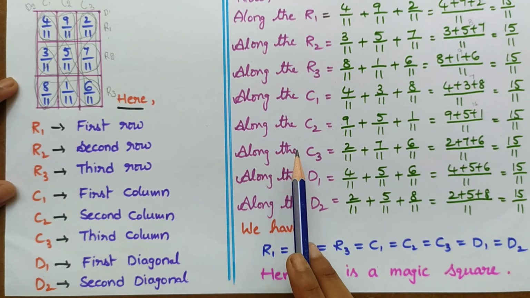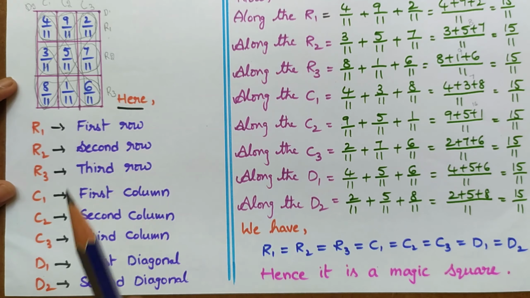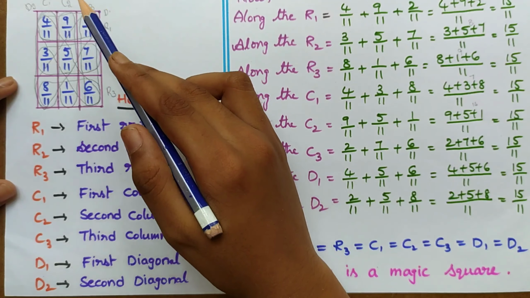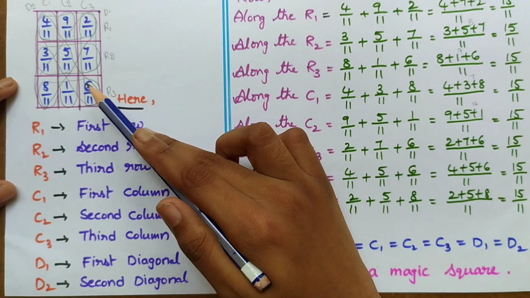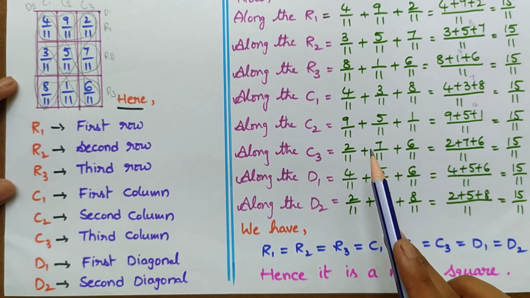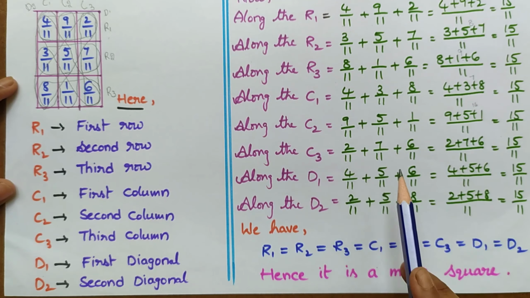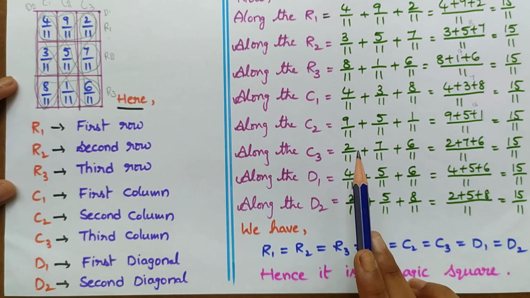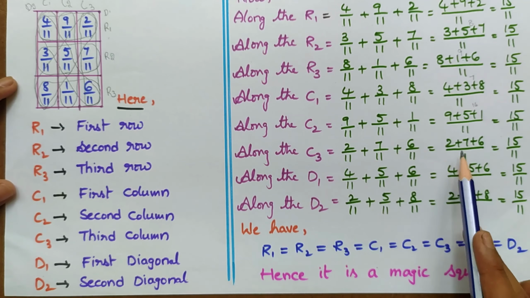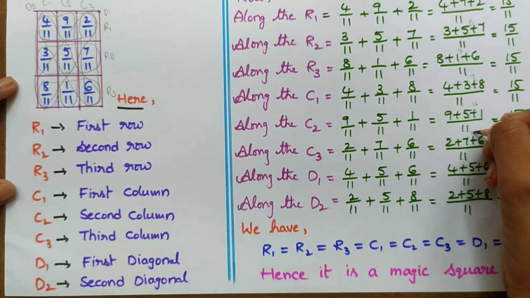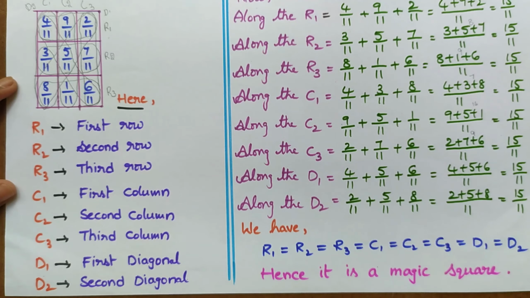Now along the C3, the third column, column number 3. The C3 elements are 2 by 11, 7 by 11 and 6 by 11. So 2 by 11 plus 7 by 11 plus 6 by 11. As they are like fractions, the denominator is 11 and 2 plus 7 plus 6 by 11. 2 plus 7 is 9, plus 6 is 15 by 11.